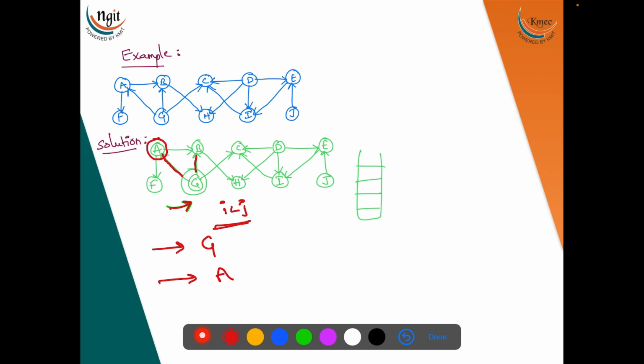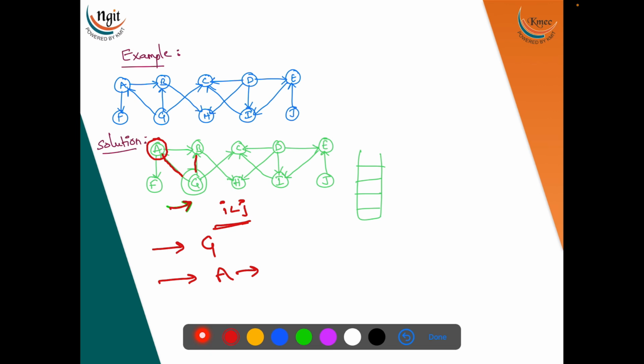The reason, as I told you in the previous slide, is that when you visit vertex A, A is having other vertices in connection with the edge, so you cannot push A. You cannot push even G because G is having the other connection with B. So after you find A, that means having considered A, now in alphabetical order, look for its unvisited neighbors. Now A is having F and B.